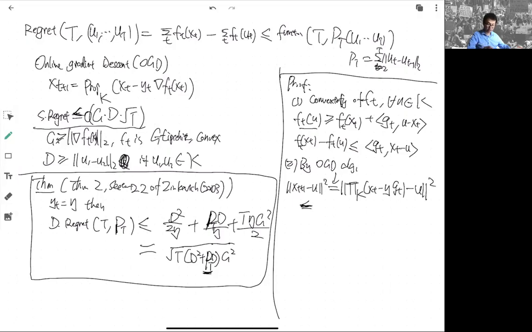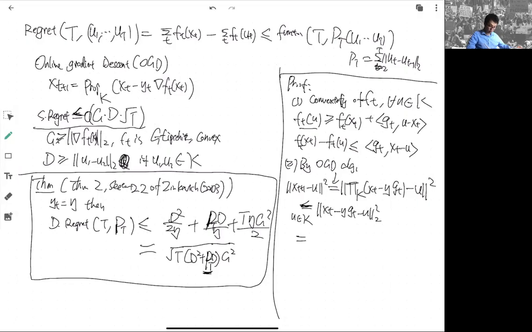Since projection is non-expansive and u is assumed to be inside the convex set, we can just bound this by simply dropping the projection.